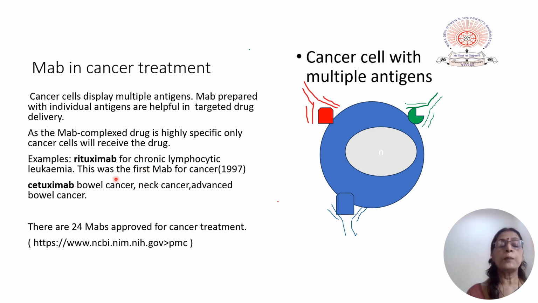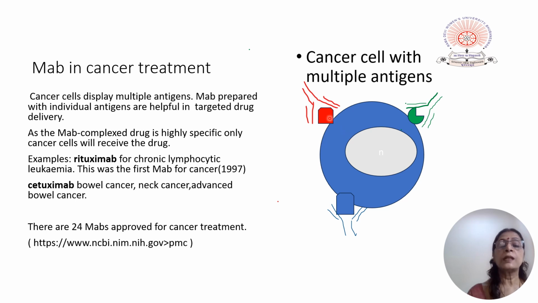But the MAB is produced against a particular cancer antigen, and if one MAB is directed to this type of antigen, then it will touch only the cancer cell. It will not interact with any healthy cell. So when the MAB is directed to only the cancer cells, only the cancer cell will be killed by the drug carried by the MAB.